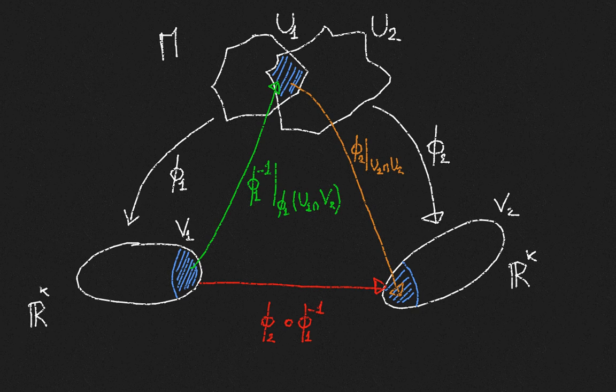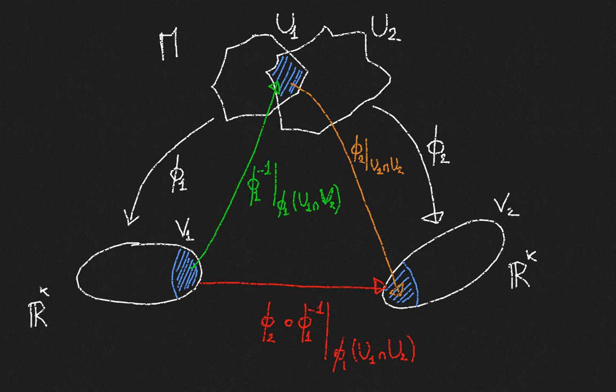The only thing we have to worry about is that we ask that this has to be a diffeomorphism. So technically this is restricted again to the image of the intersection. By the way, here is a U. Anyway. Okay, so this is the delicate point.